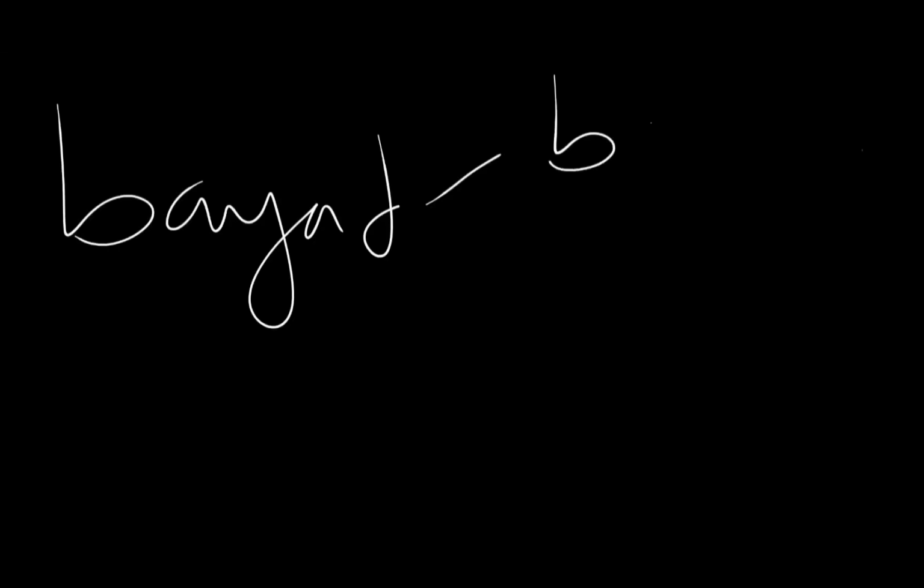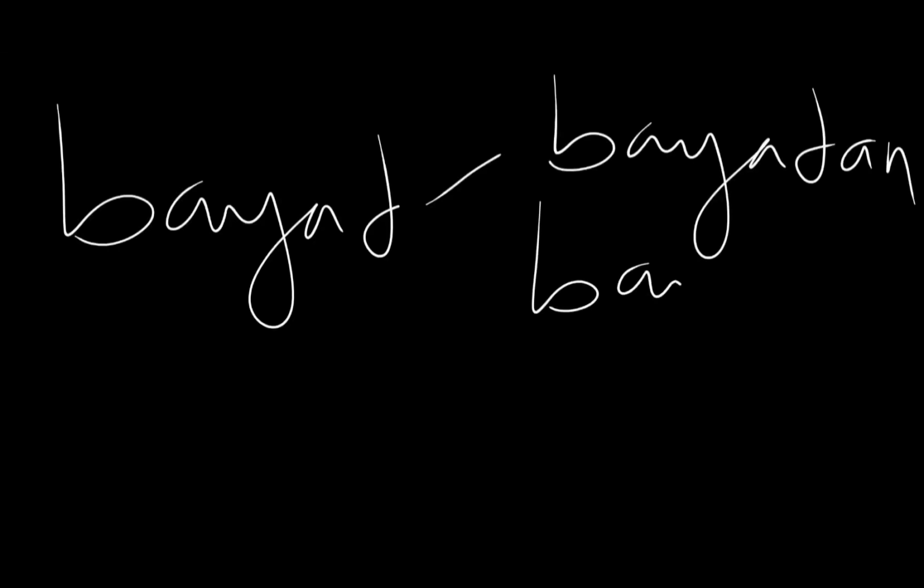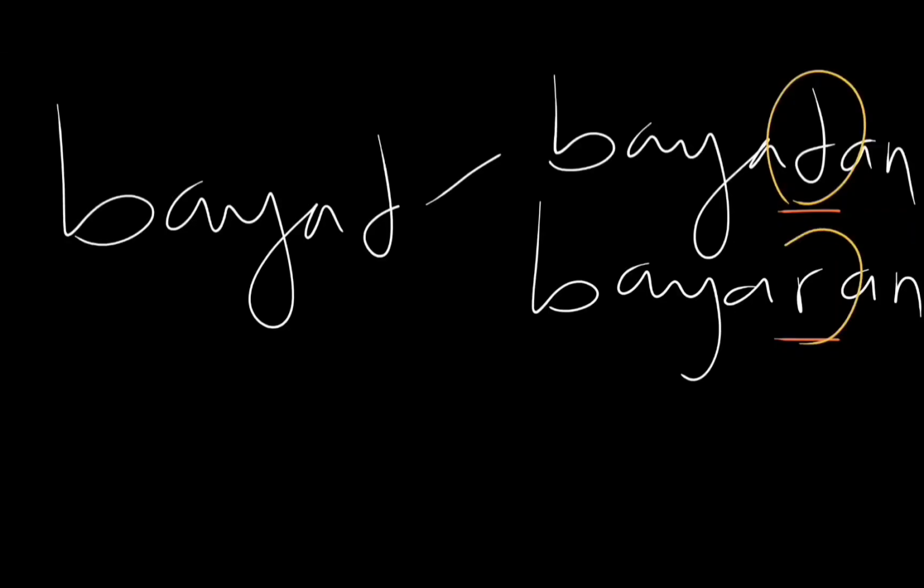So for the verb bayad, it would still be correct to say bayadan instead of bayaran. You can keep the consonant da or you can interchange it with the consonant ra. Bayadan or bayaran. Both are correct.